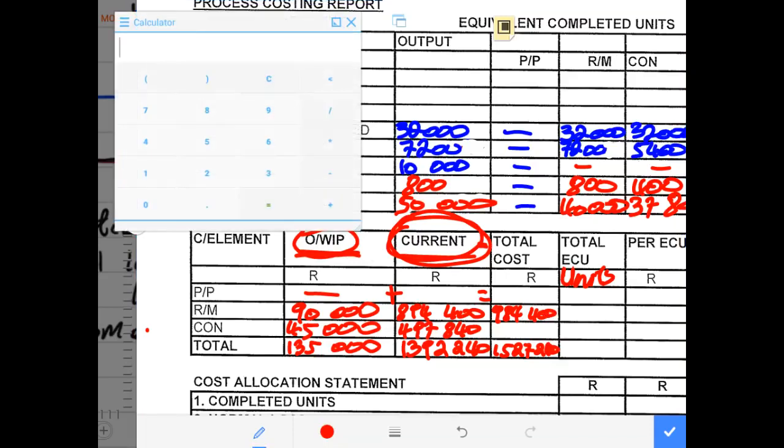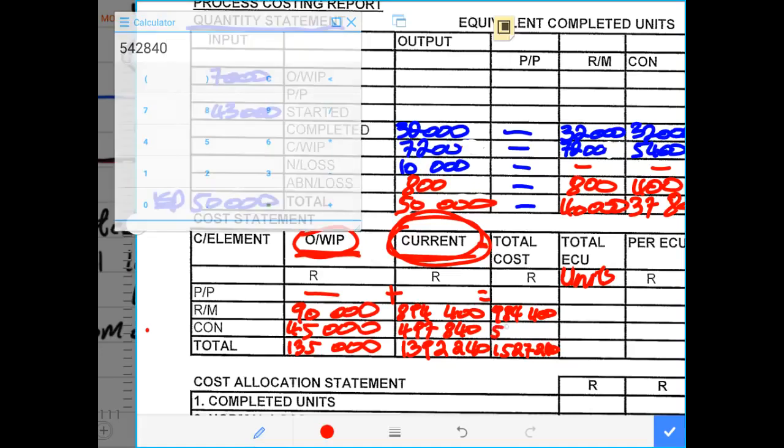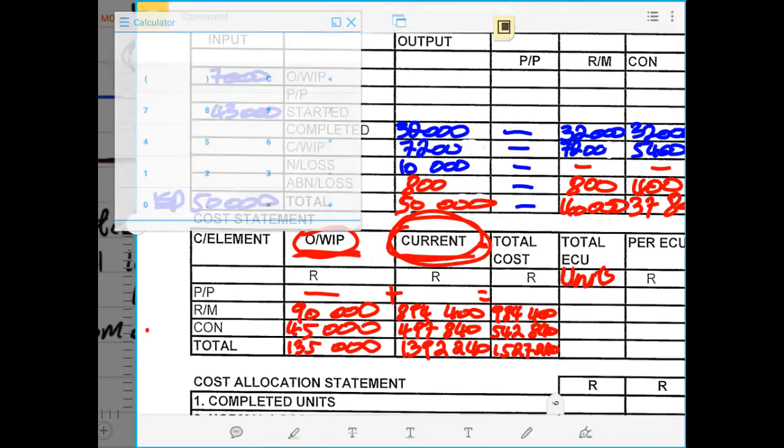Then 45,000, the opening conversion cost, plus 497,840 gives us 542,840. These are our total costs.